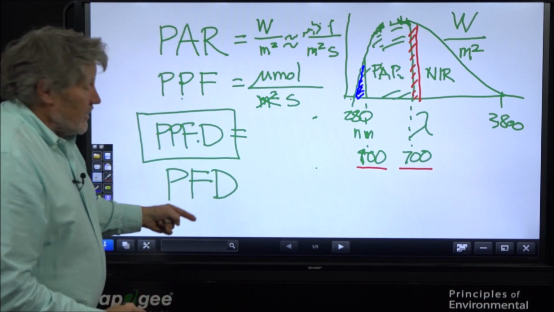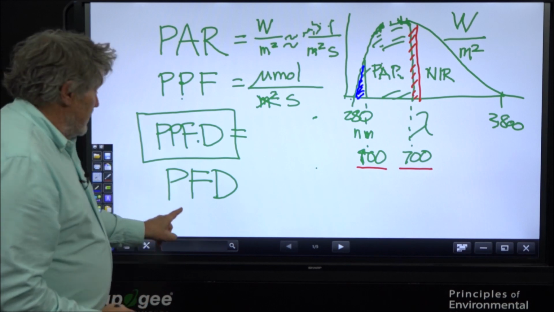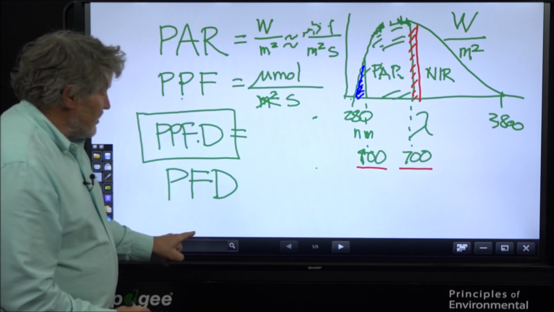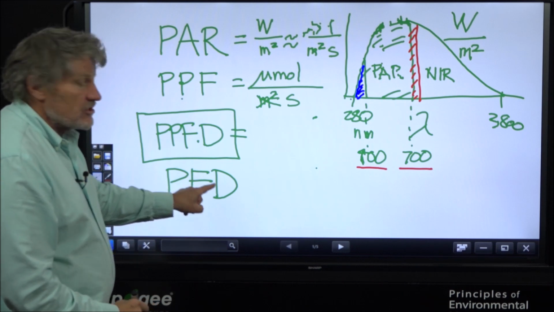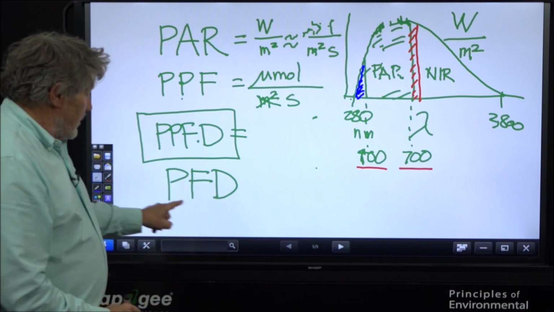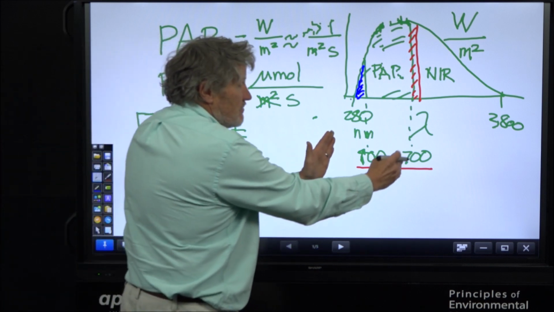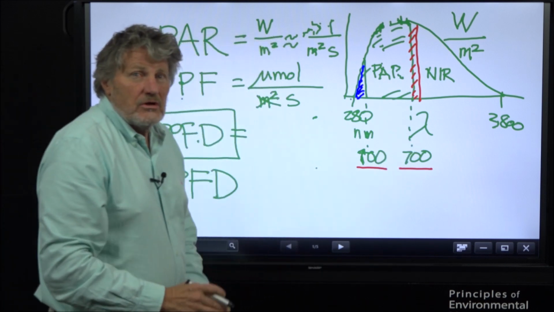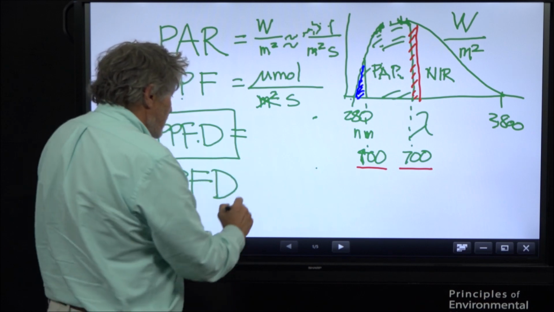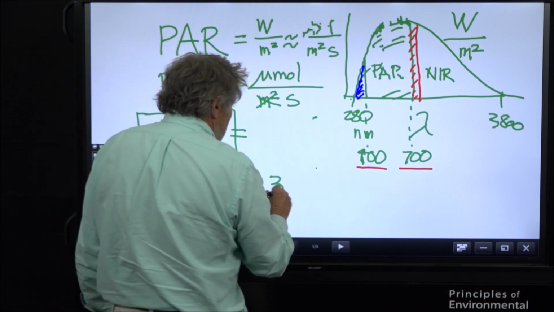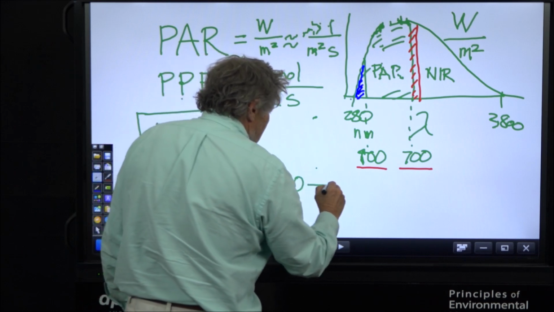Just when you thought you had it right, here's a new term. This P stands for photons, not photosynthetic. The photon flux density. And when we use this term, we are not constrained by 400 to 700. So when we do research, the PFD, when we're using it, can mean 300 to 800.